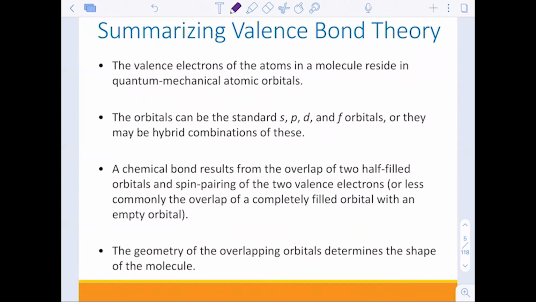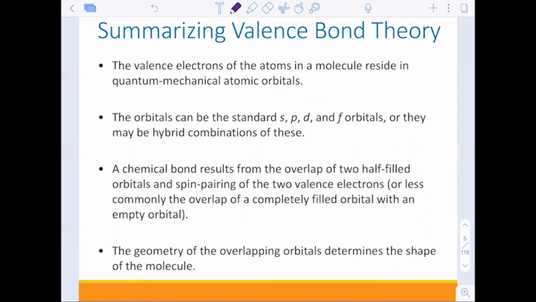Now, what valence bond theory also brings about is the idea of a hybrid orbital. Some of the shapes that exist based off of our discoveries in VSEPR theory don't make sense for s's, p's, d's, and f's. And so what valence bond theory does is it enhances what we know in the atomic realm and says that there could be a hybrid combination of these atomic orbitals.